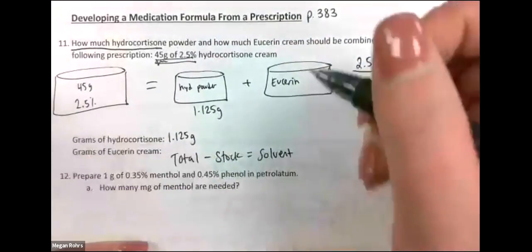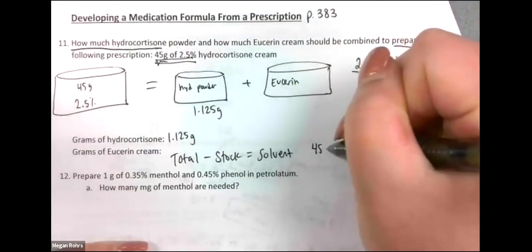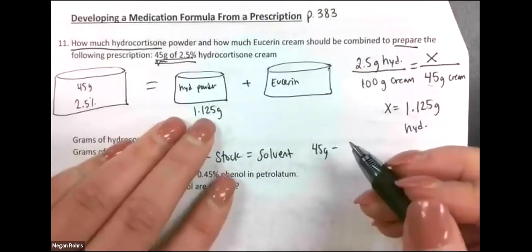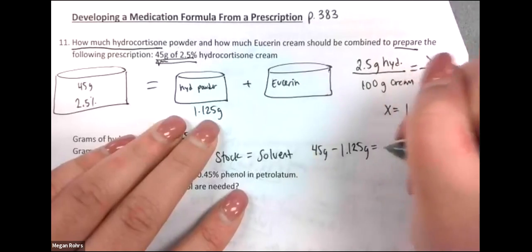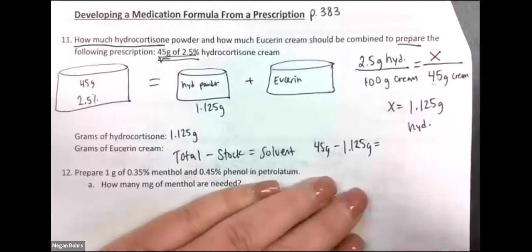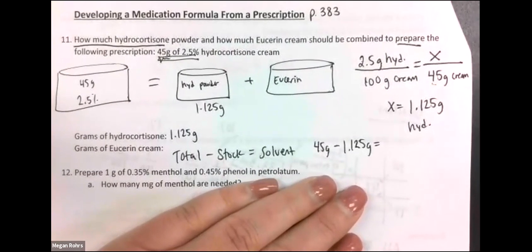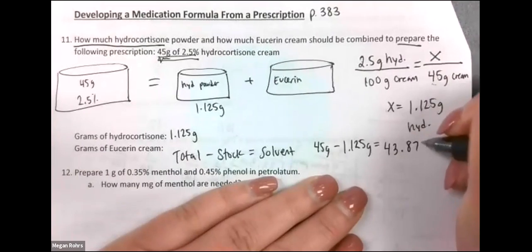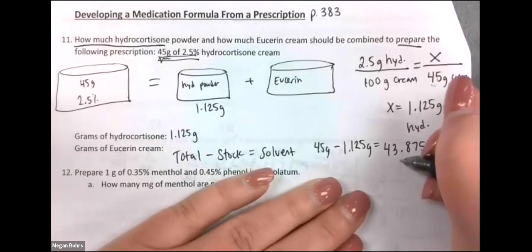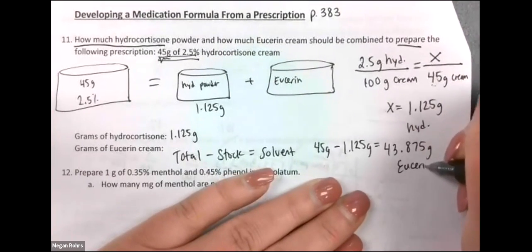So total, we're making 45 grams, minus our stock, our active, 1.125, will give me my solvent or my base or my diluent. All mean the same thing. 45 minus 1.125 gives me 43.875 grams, and that was my eucerin.